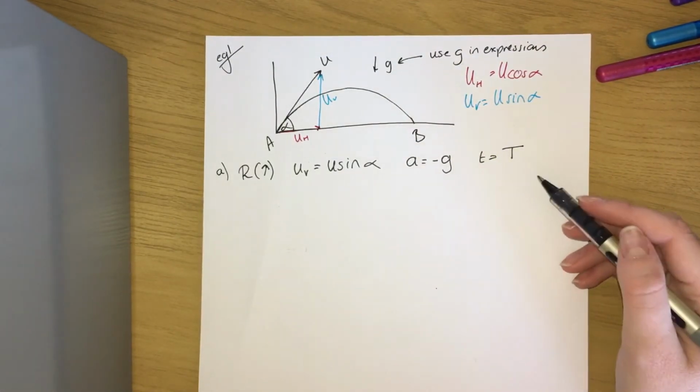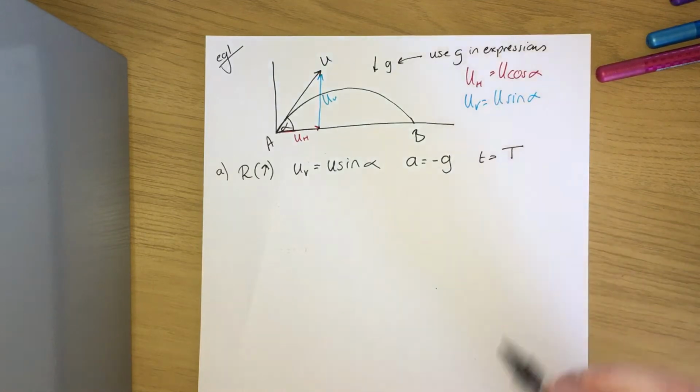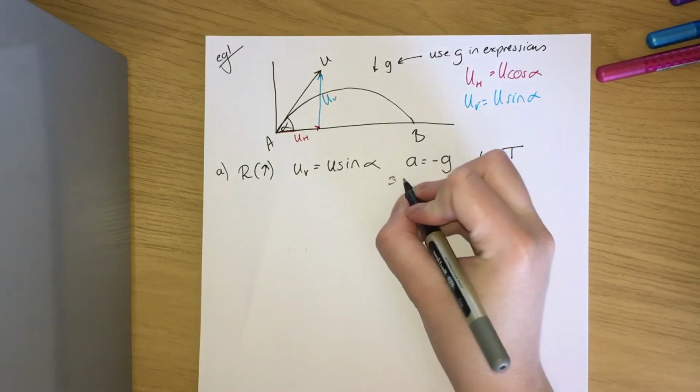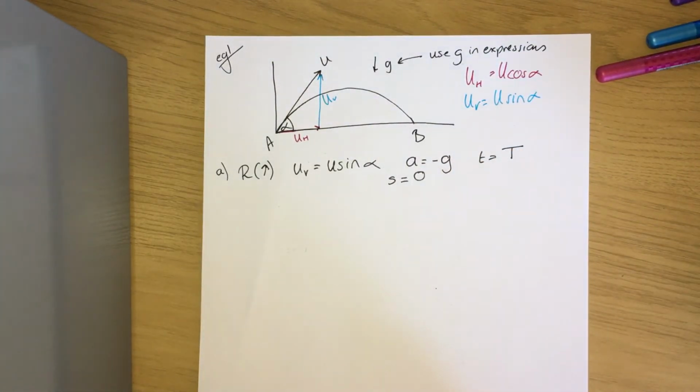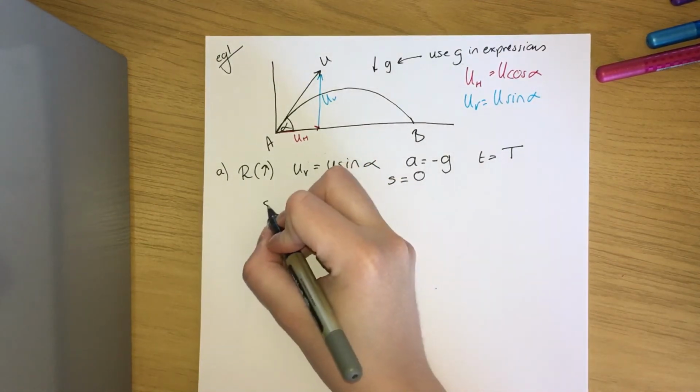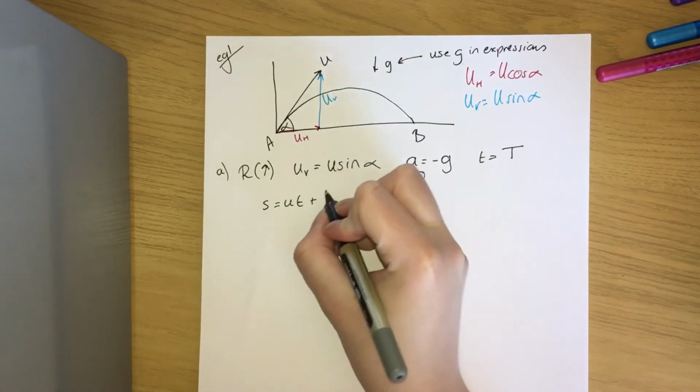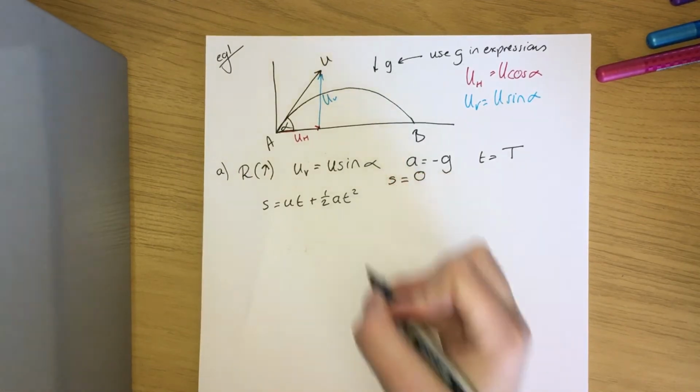It has to be capital T because obviously that's what's defined in the question. And I know that the displacement overall is 0. So s equals ut plus half at squared.